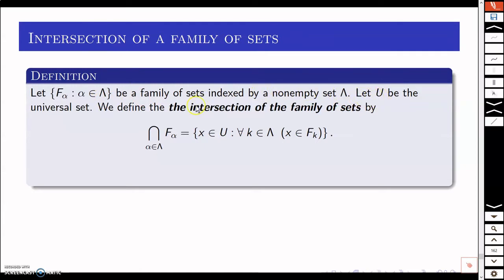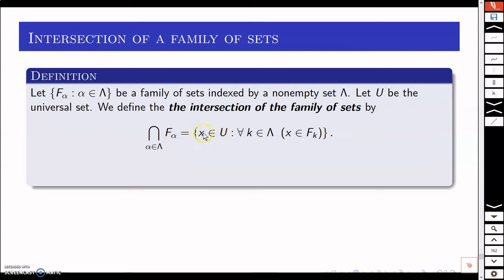Supposing U is the universal set, then we define the intersection of family of sets by this. Intersection of all F alphas where alpha is varying over the indexing set delta. This is defined to be the set of all elements X in the universal set such that this element X is present in each and every F alpha, right?